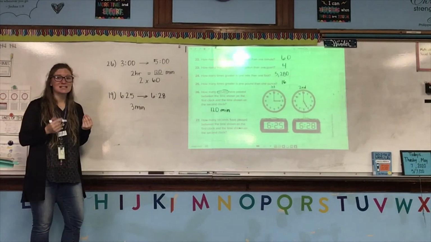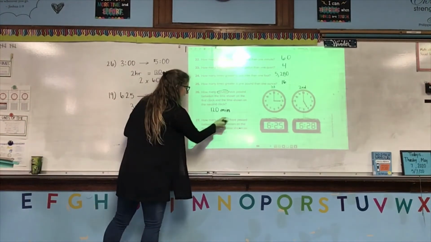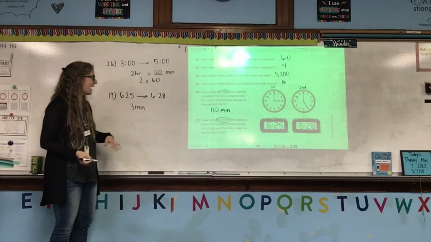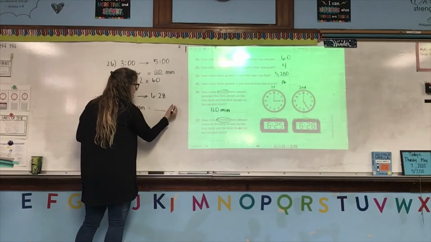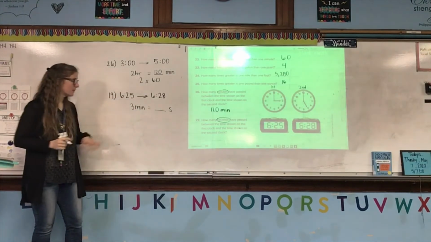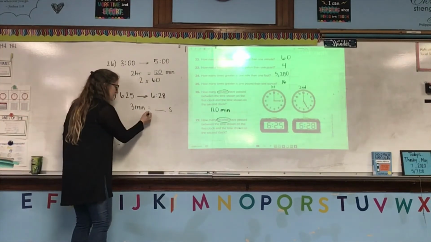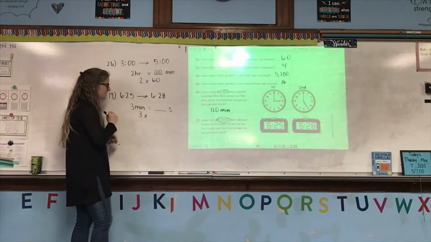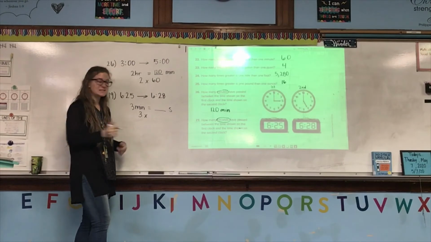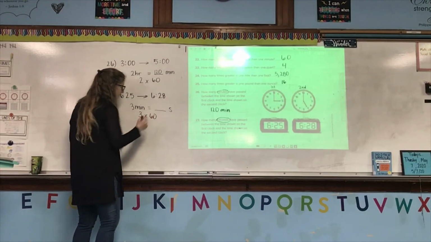But the question is asking how many seconds. So now, step 2, we have to convert 3 minutes into seconds. Well, minutes are bigger than seconds, so we're going to multiply. We start with what we know, which is 3 minutes. We're going to multiply it by the number of seconds in a minute, which is 60.